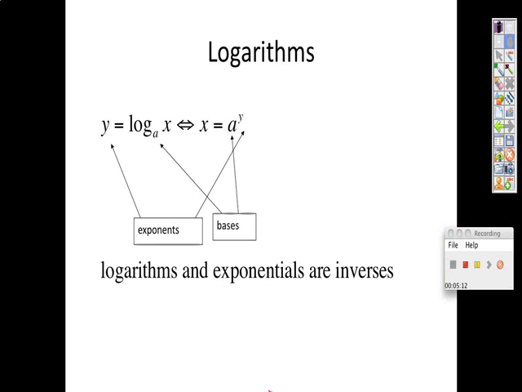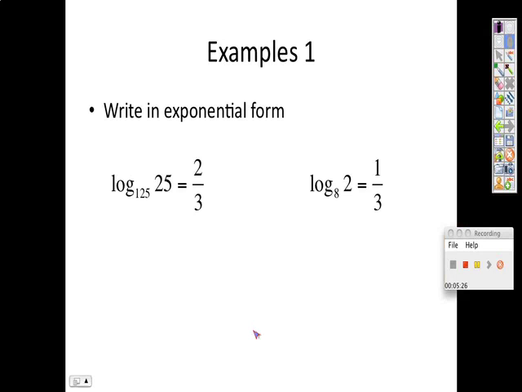So if we have some number raised to an exponent, it will be log base that equals the exponent. And logarithms and exponentials are inverses of each other. So now we're just going to switch back and forth between the two forms, log form to exponential form.